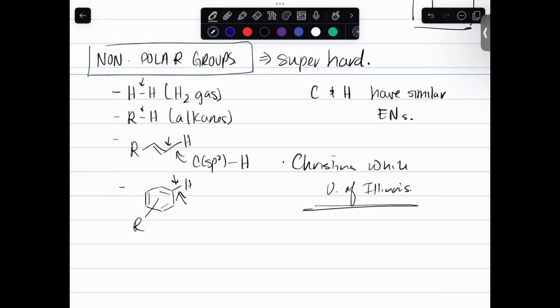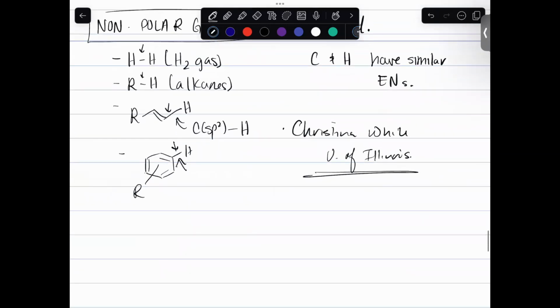Anyway, for these nonpolar groups, the mechanism is not SN2-like, right? For an SN2 reaction, you need a polar molecule. You need a leaving group. And this doesn't have a leaving group if the electronegativities are the same. And so it's thought of as a concerted mechanism, a one-step mechanism.